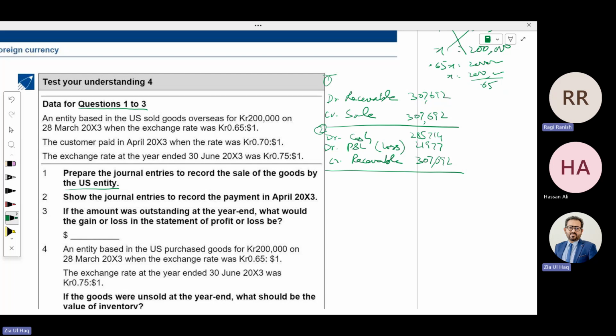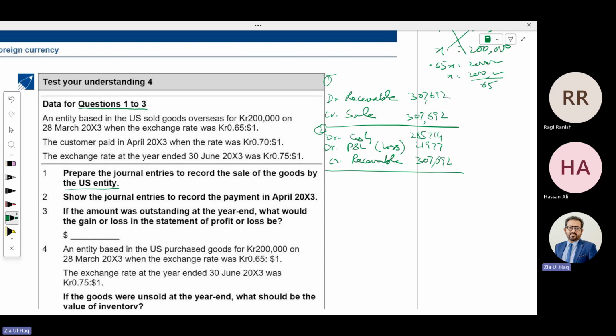Number 3, if the amount was outstanding at the year end, what would the gain or loss in the statement of profit or loss be? So at year end, the rate is different. This means we need to change the receivable. Can you calculate the amount against 200,000 krona with 0.75? 266,667. What is your receivable? 307,692.